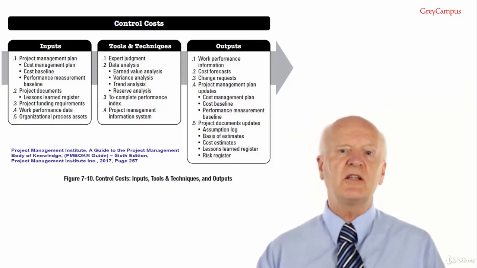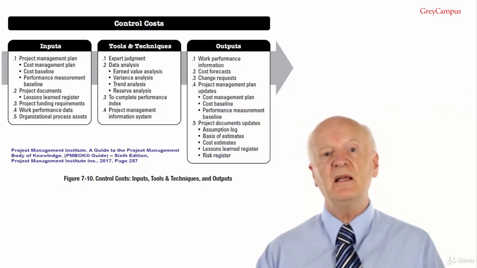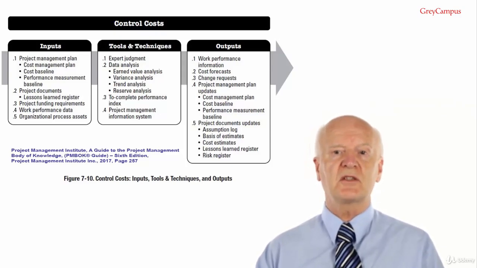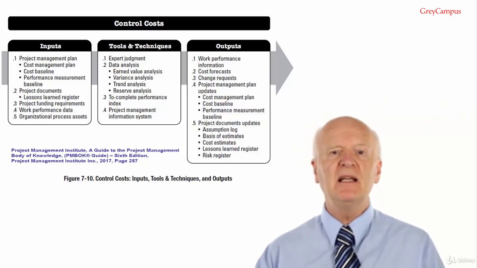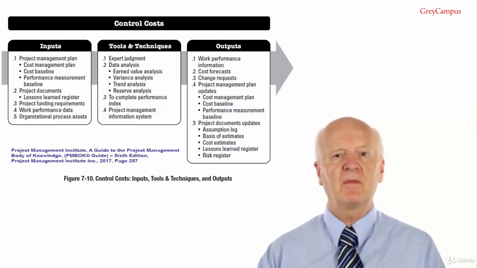Output number 4, project management plan updates. Any change to the project management plan goes to the organization's change control process via a change request. Components that may require change requests for the project management plan include the cost management plan, the cost baseline, and the performance measurement baseline.